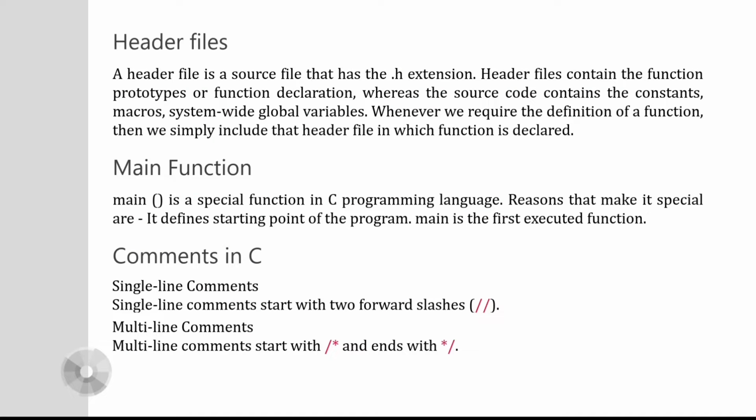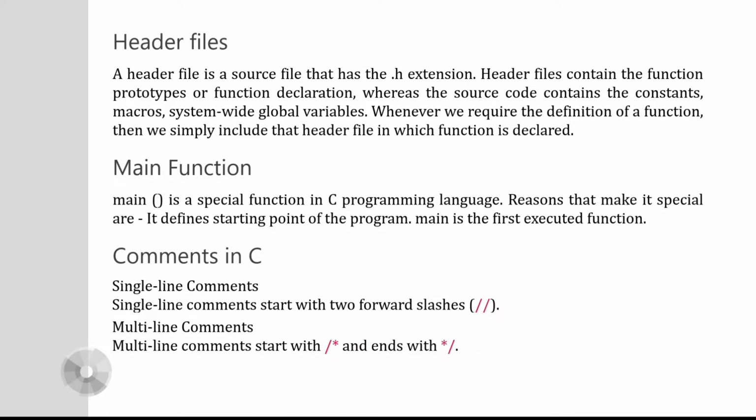Firstly, header files. A header file is a source file that has a .h extension. Header files contain function prototypes or function declarations, whereas the source code contains the constants.